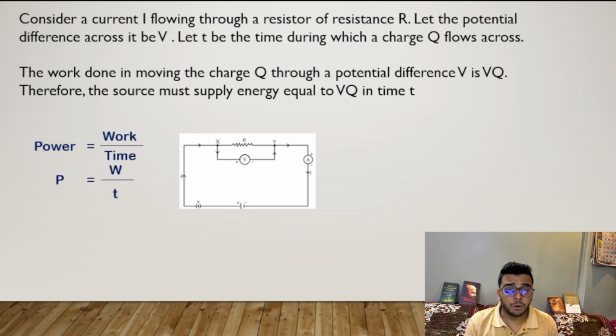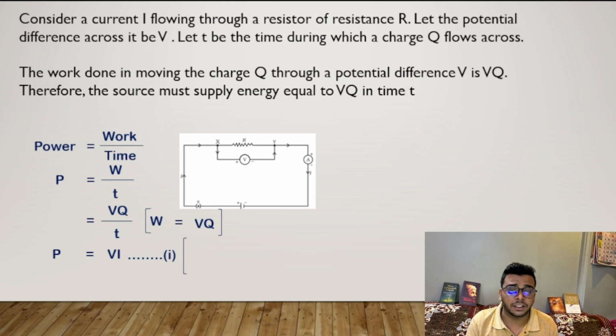Now, moving ahead, why we wrote work is to substitute the value of V into Q instead of W. So now we can write V into Q upon t. Why so? Because W is V into Q. Next, we all know that Q upon t is nothing but current I. So I get a formula, power is V into I, because Q upon t is I.